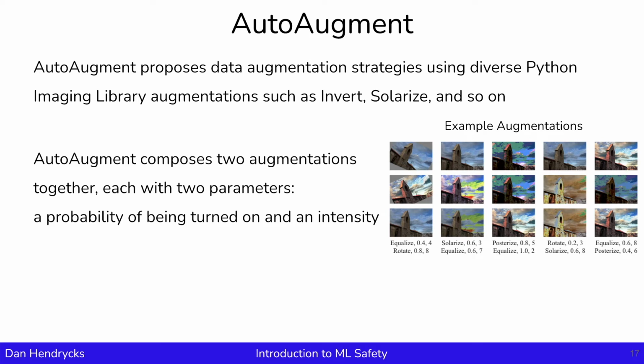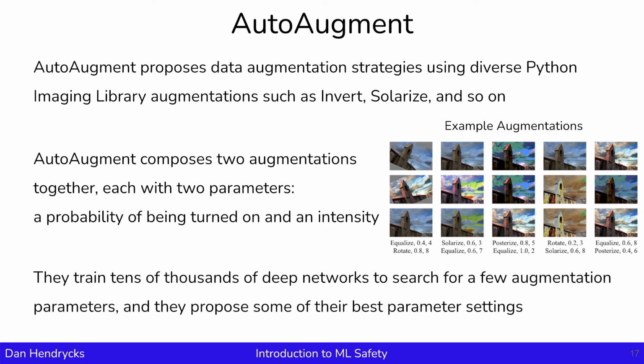One parameter is the probability of the augmentation being activated or used or turned on, and the second parameter is the augmentation's intensity. At the right are some examples. We can see in the first column that some of the examples are rotated. There is an 80% probability of rotation, and the intensity of the rotation when it was on was 8. It was also combined with an equalize operation, which was less likely to be turned on at 40% probability, with an intensity of 4.